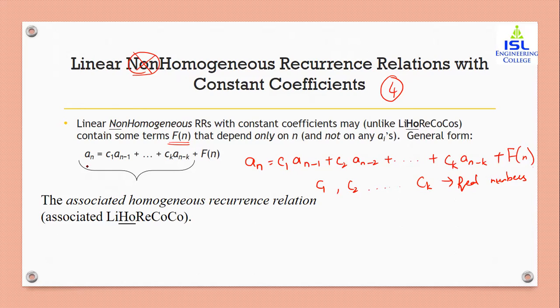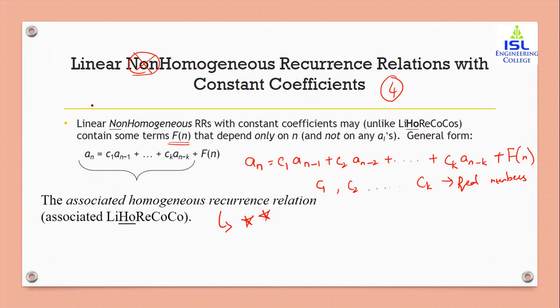The part of the equation that I have bracketed is known as the associated homogeneous recurrence relation. It is associated because if we don't consider the f of n term, this part is homogeneous. This is very important when we want to find the solution of our linear non-homogeneous recurrence relation.